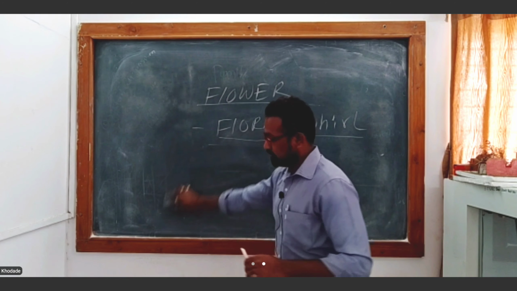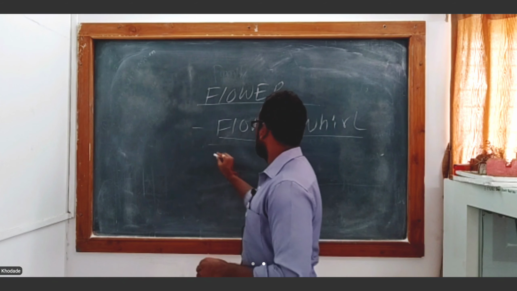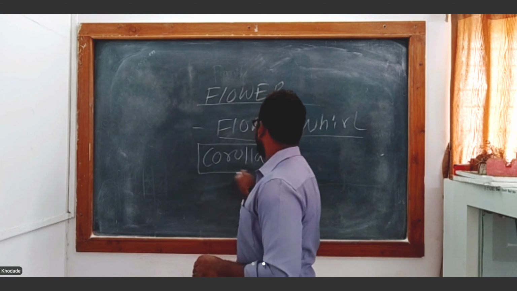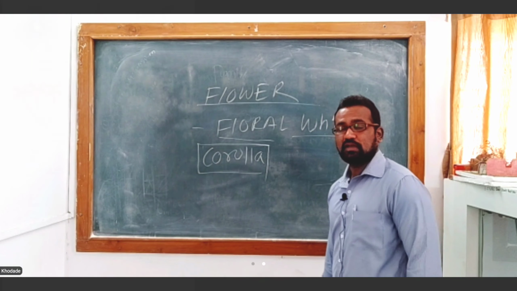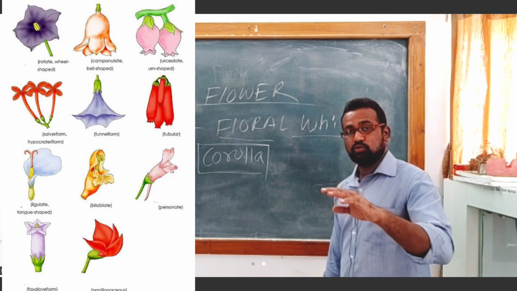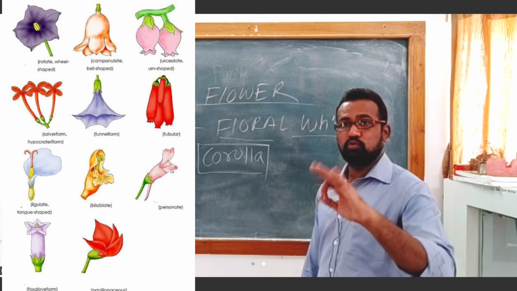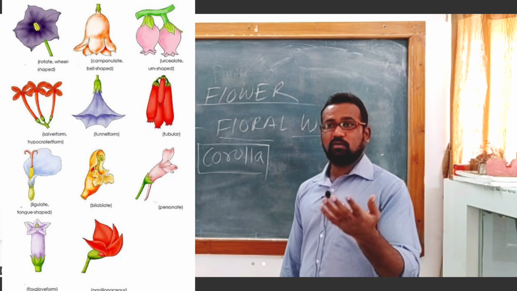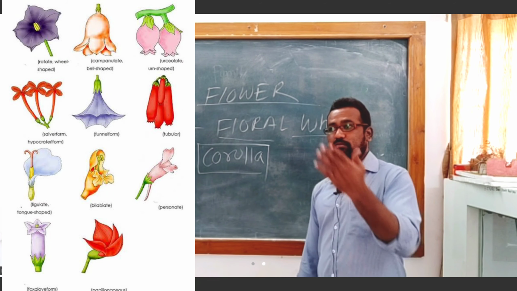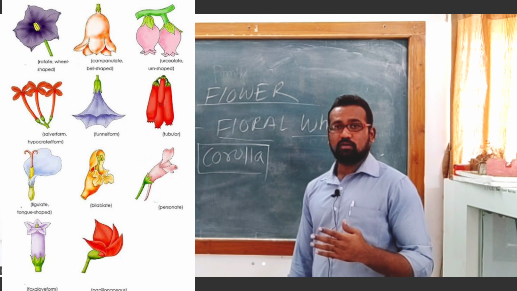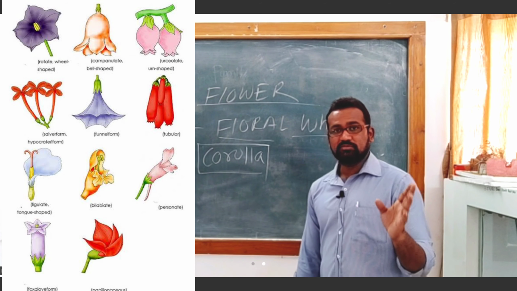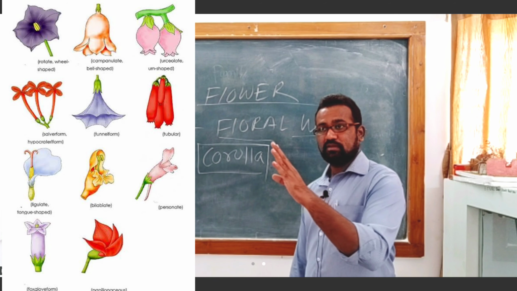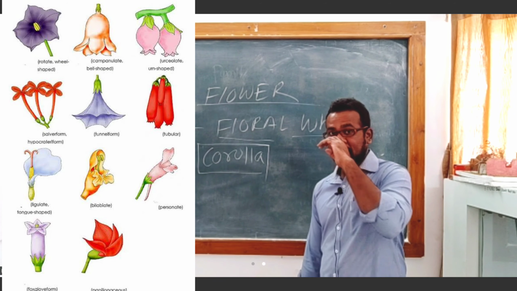If you talk about another floral whorl, the corolla. The other photograph shows the beautiful colorful portion of the flower, which is generally the attractive portion, on which you decide whether the flower is colorful or not. Some petals are white, as the photograph indicates, some corollas are pinkish, some are purple.